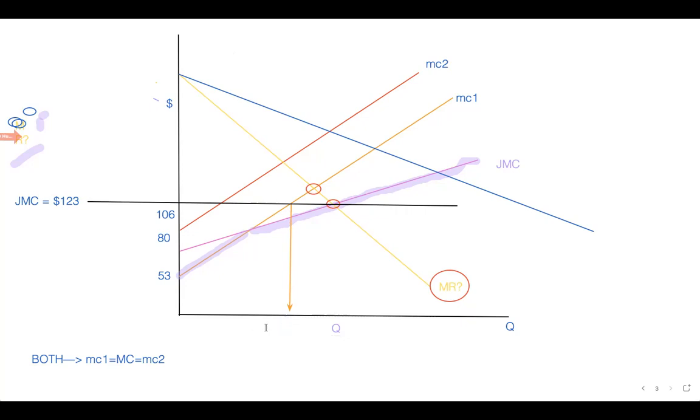So I'll put it in orange here, Q1, and then I will take that 123 and substitute it into the marginal cost function for firm two, and I'll get firm two's share of output.